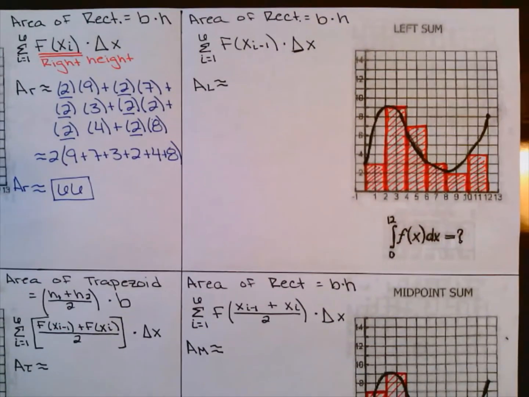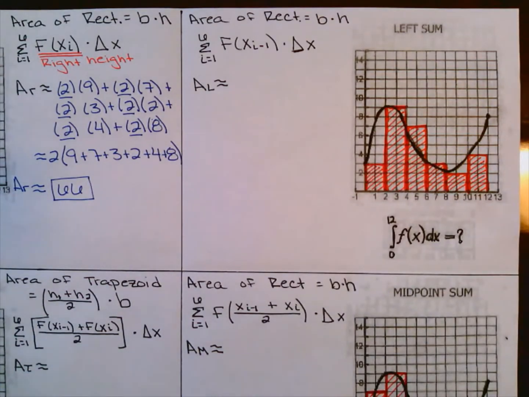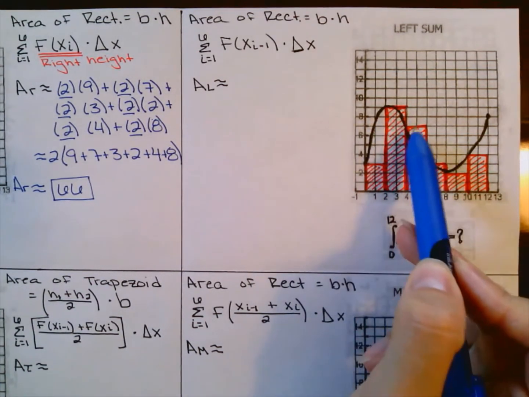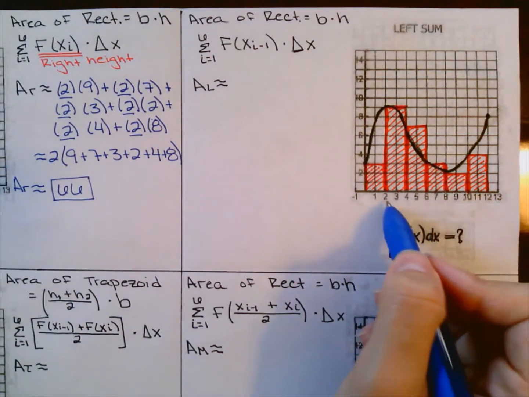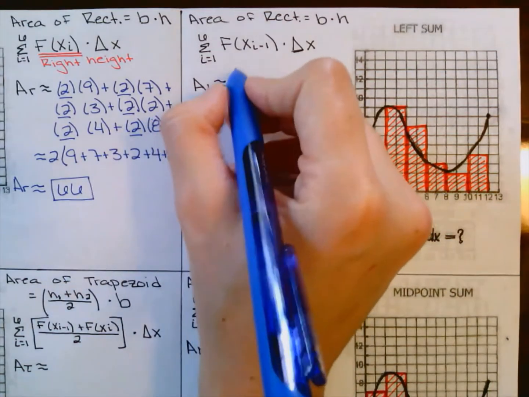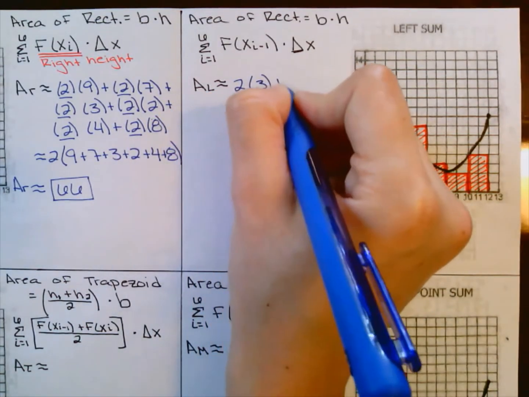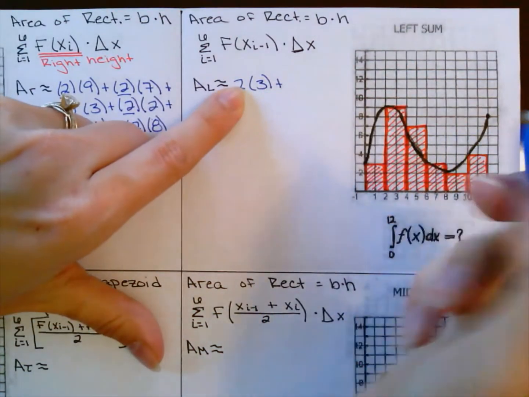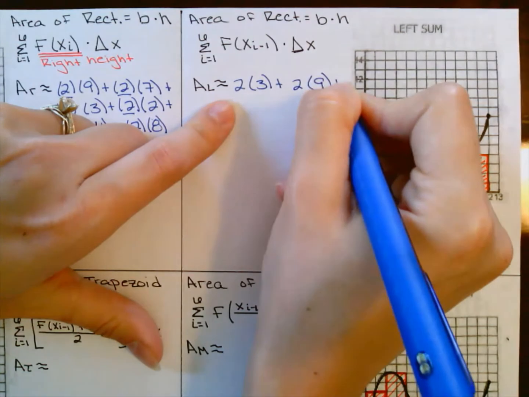The only difference now is I'm picking my y values, my heights, according to the left side of this triangle. So if you catch that all of them are going to have a delta x, a base of 2, you can factor it off in the beginning, but I will go ahead and do it initially without that step. So my first height is 3, base of 2, my next height is 9, right?